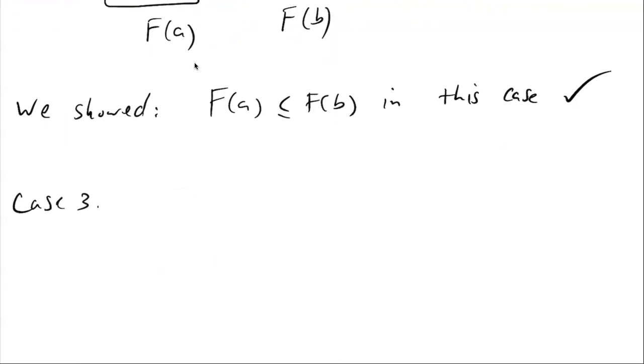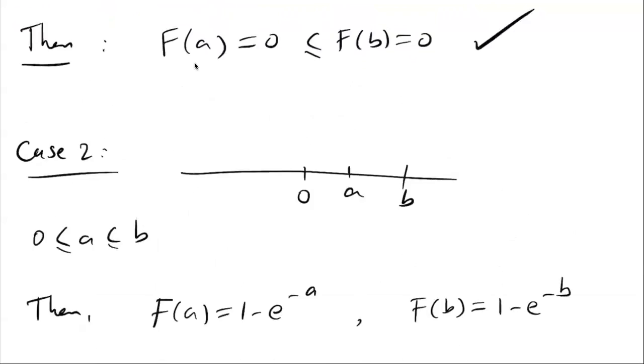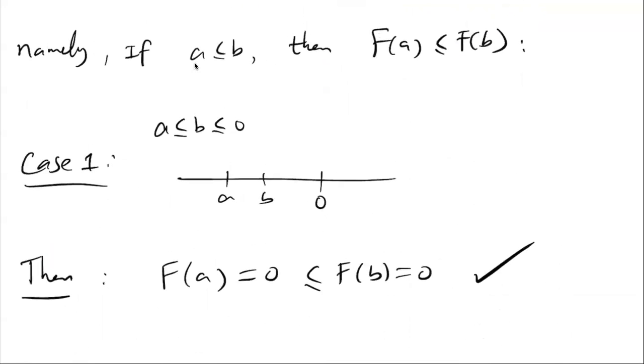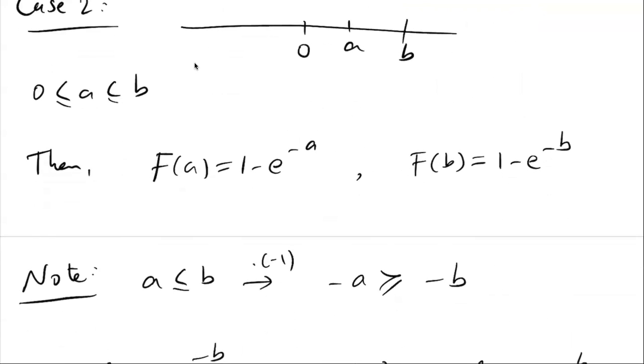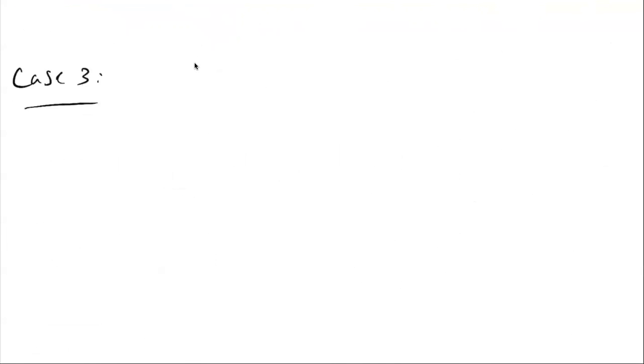And finally, the last case, because remember in case 1, I assume I have two numbers, both less than 0. Case 2, both bigger than 0. So the last case will be the case where one of them is less than 0 and one of them is bigger than 0. So the smaller one, I'm calling it A. So A in case 3, A would be less than 0 and B will be bigger than 0.